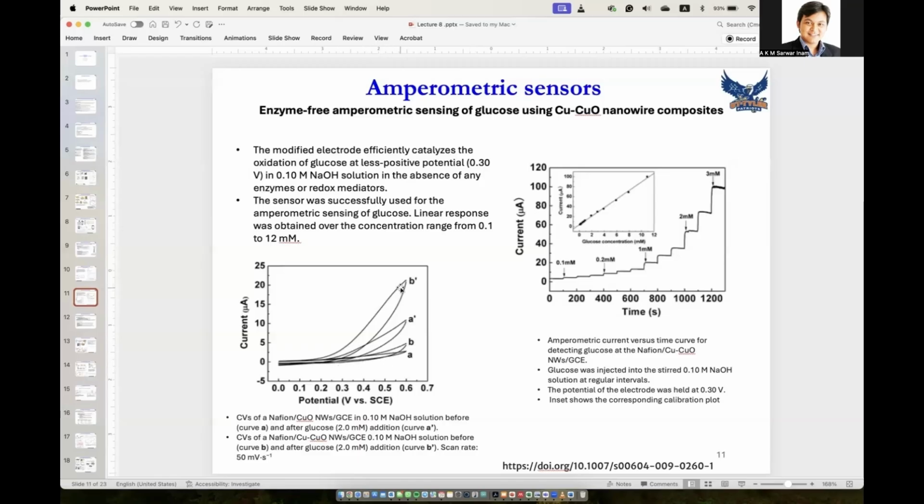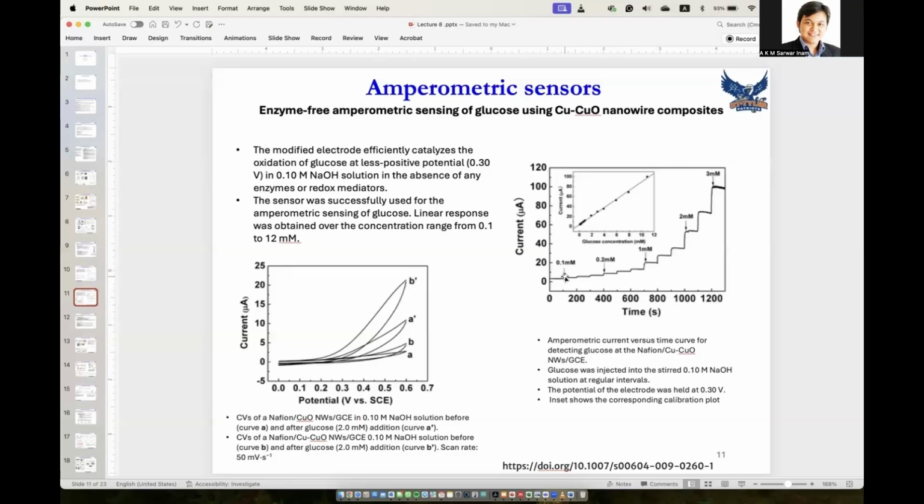Which one performs higher, I told you already. So this is the amperometric current versus time curve for detecting glucose at the Nafion copper oxide electrode. Glucose was injected into the stirred 0.10 mole solution at regular intervals. You can see that they're injecting the glucose.